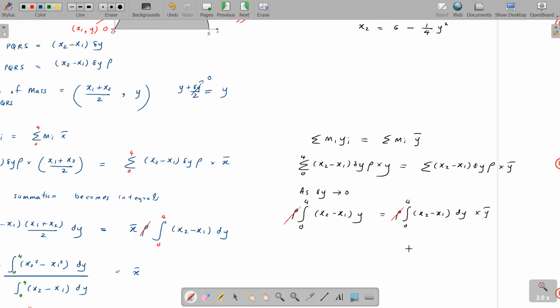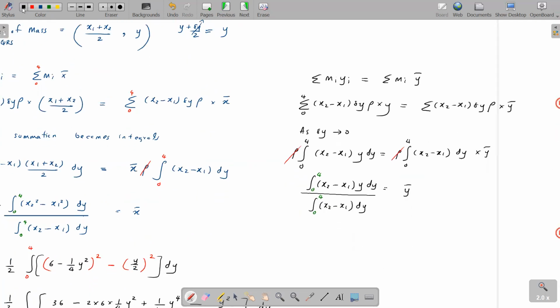And then you get here y bar equals the integral of x2 minus x1 times y dy, divided by the integral of x2 minus x1 dy. And your integration limits are from 0 to 4.